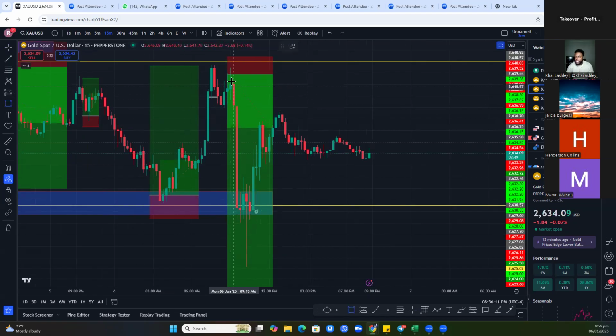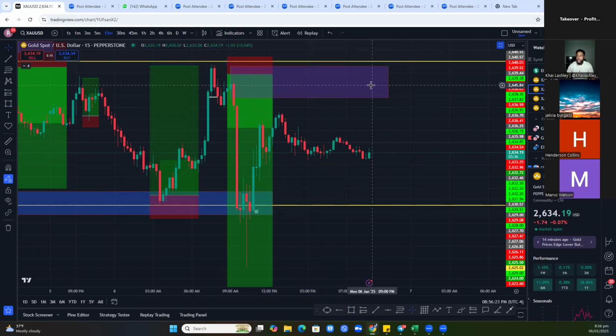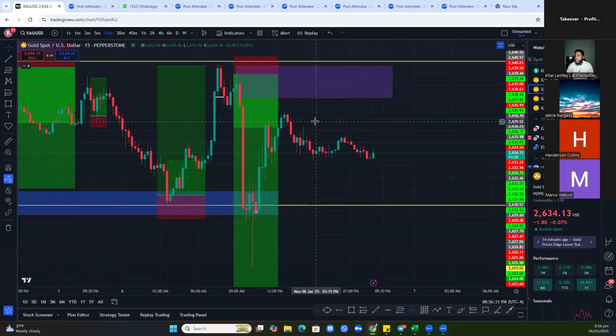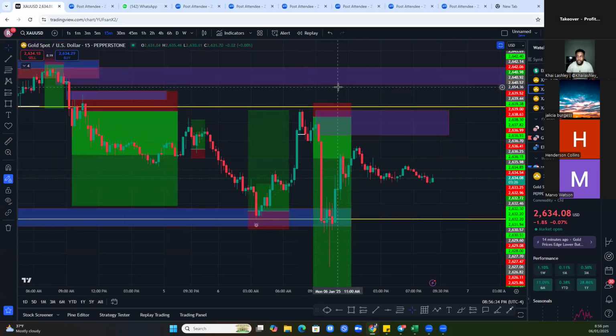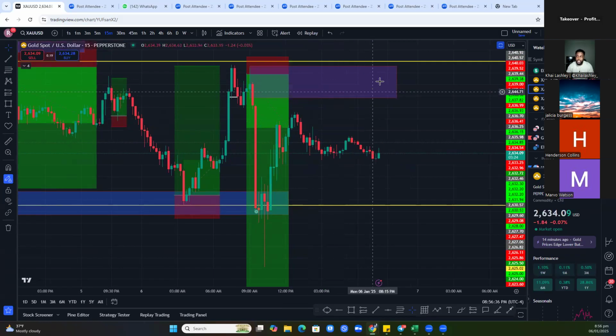Any other entries that I would put, if I get the confirmations, will be back here again. Market pushed up, liquidity, imbalance, order block. You guys know what I'm looking for when I'm trading at this point. So we'll be looking for price to come back up into this area, because ultimately you're looking for the market to come higher. We will see if we take this entry.